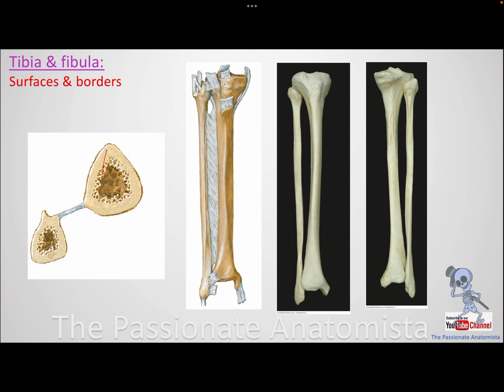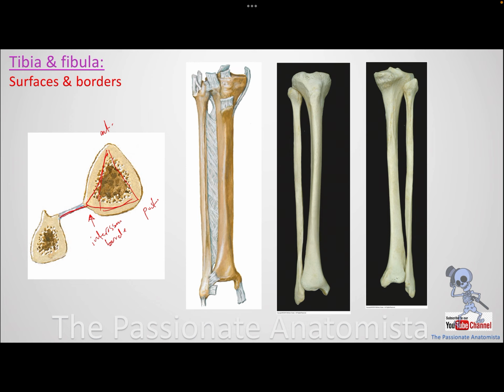If you think about this as a triangle, you have the anterior border, the posterior border, and then the interosseous border. The interosseous border is basically going to give attachment to the interosseous membrane, which is going to attach the tibia to the fibula.